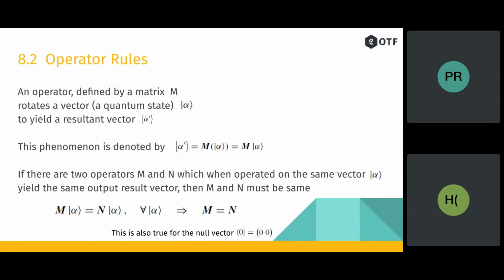That means whether you use ket notation or bra notation, if the same vector multiplied by the matrices gives the same result, then the matrices themselves are the same.